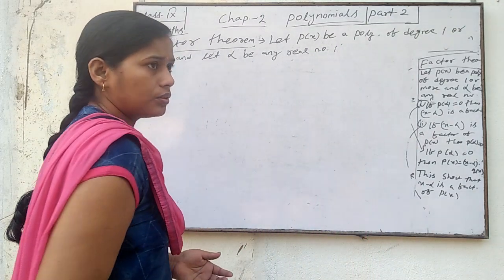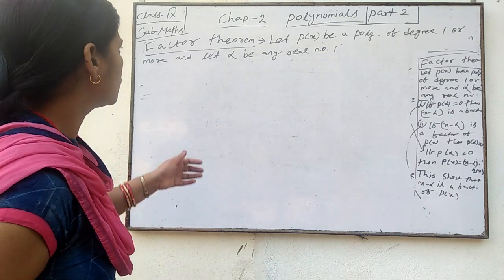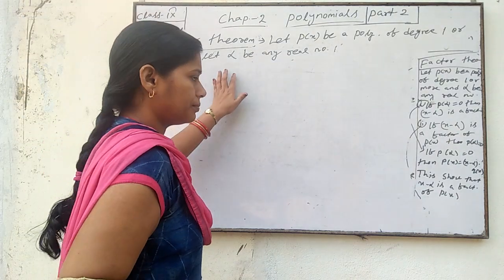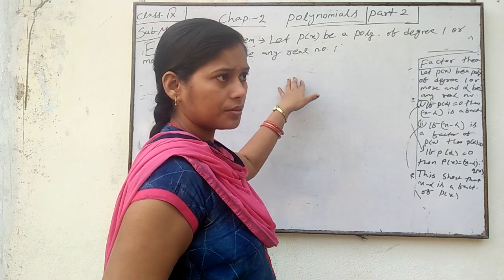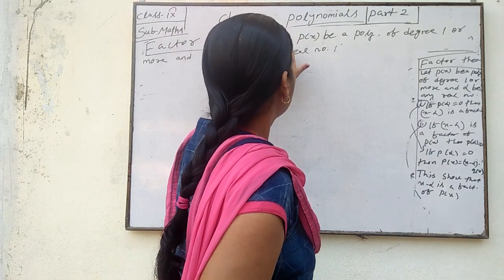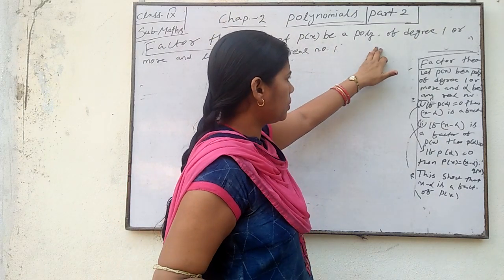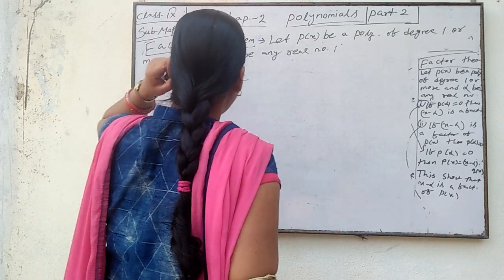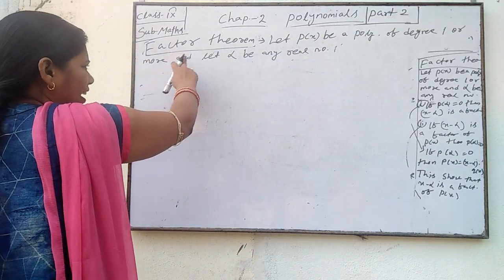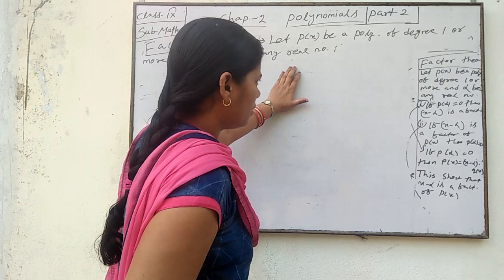Now we'll discuss your second theorem, the factor theorem. The statement of the factor theorem is: let p of x be a polynomial of degree 1 or more, and let alpha be any real number.